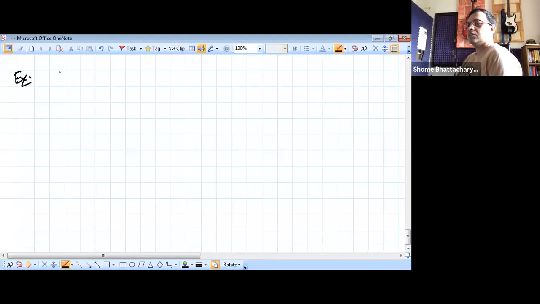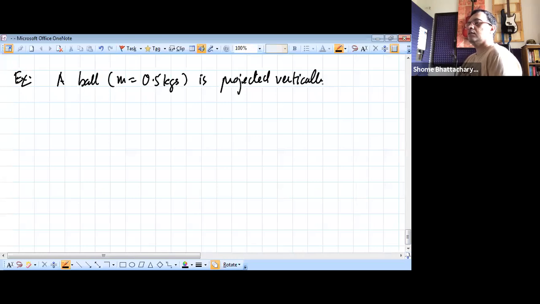So what is happening is a ball of mass, let us say 500 grams or half a kg, is projected vertically from the ground at a projection speed of, let us say, 20 meters per second.